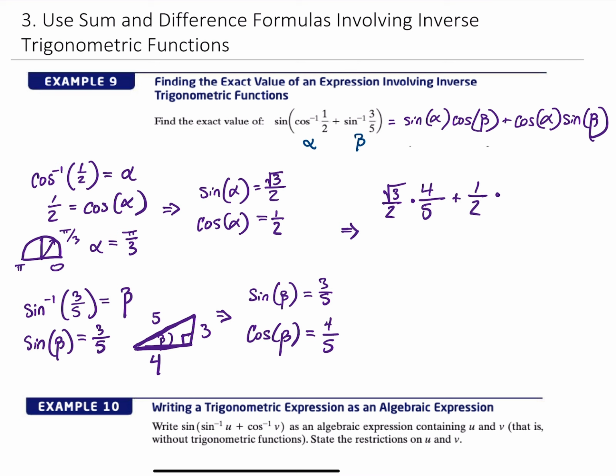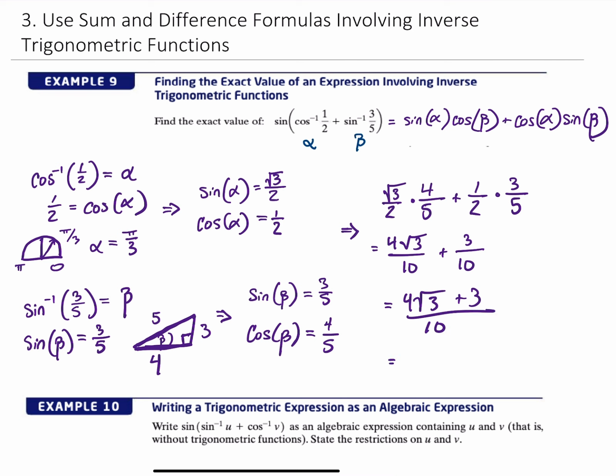Sine of beta is 3/5. So this will become 4√3 over 10 plus 3 over 10. So we can combine that into a single fraction, 4√3 plus 3 over 10.